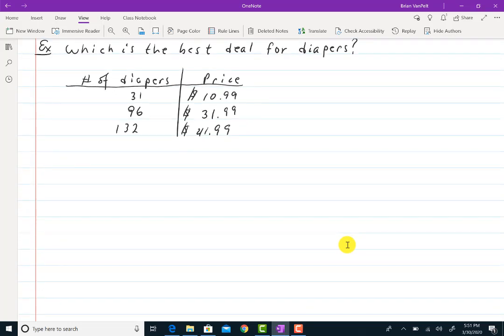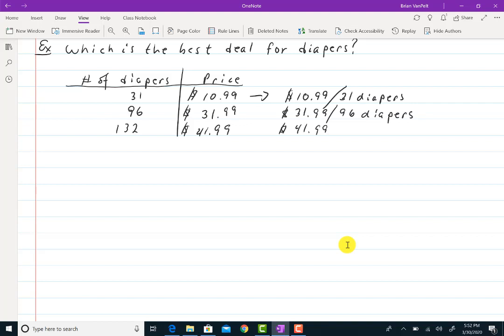So the first one here, that's going to be 10.99 divided by 31 diapers. The next one will be $31.99 divided by 96 diapers. And the last one will be $41.99 divided by 132 diapers.